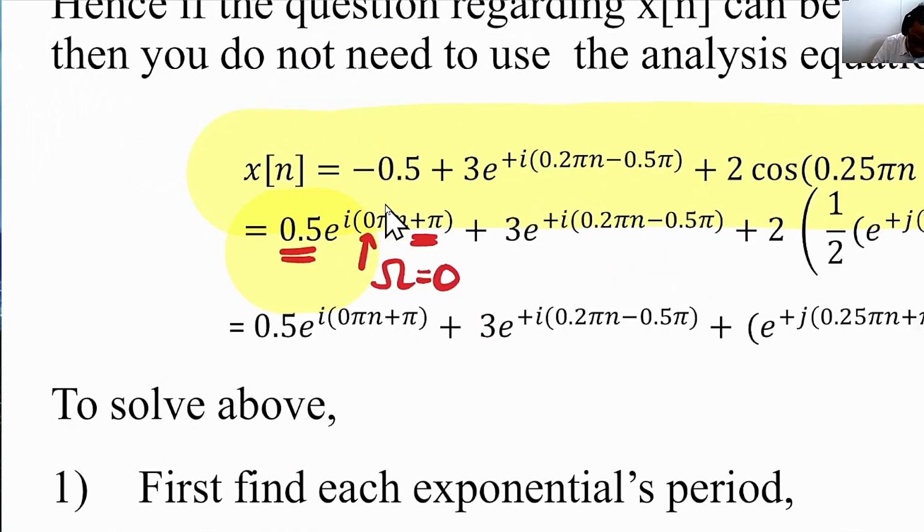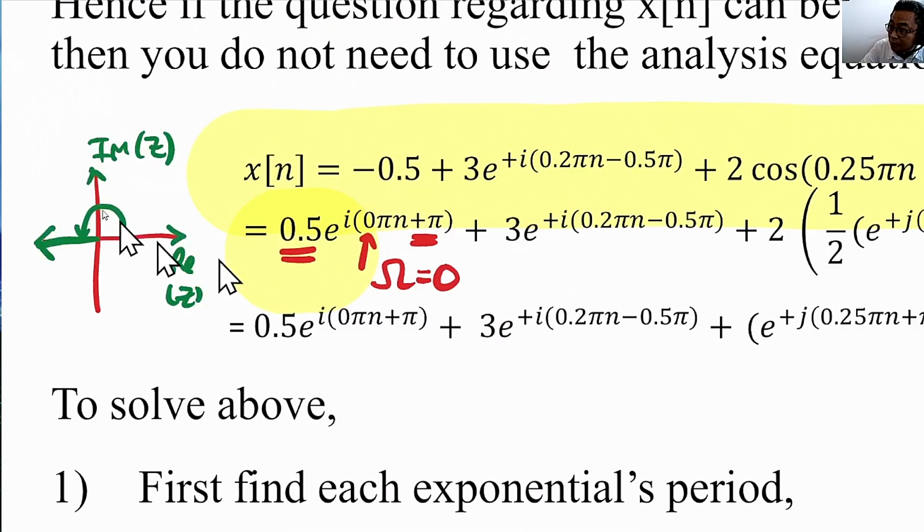Maybe I'll explain here. This is the complex plane, the real and the imaginary. Let us have this phasor as half. This is minus half. This guy is half. This guy is 1 on the right hand side, because this is the origin. This is half, this is 1, this is 2, and so on. This is minus half.